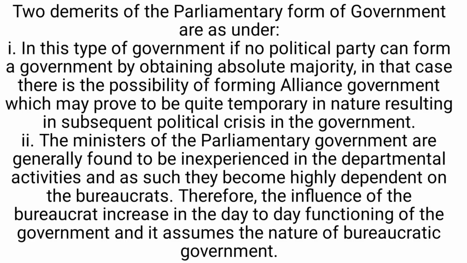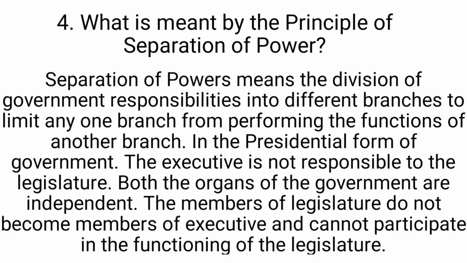The ministers of the parliamentary government are generally found to be inexperienced in the departmental activities, and as such they become highly dependent on the bureaucrats. Therefore, the influence of the bureaucrats increases in the day-to-day functioning of the government, and it assumes the nature of bureaucratic government.